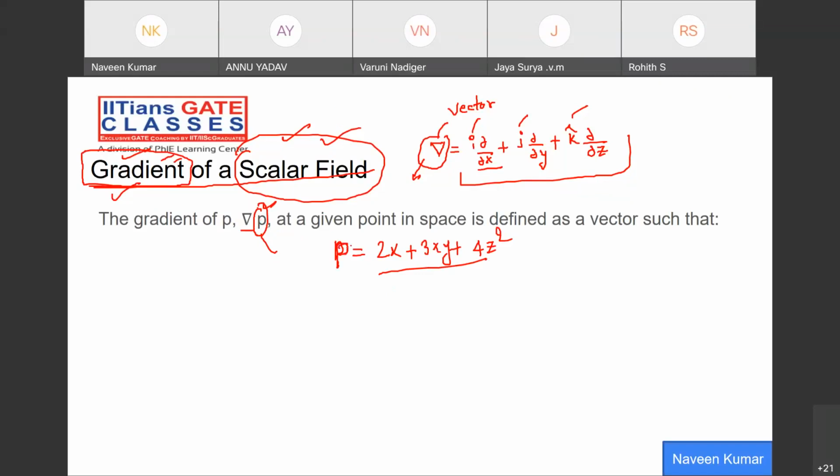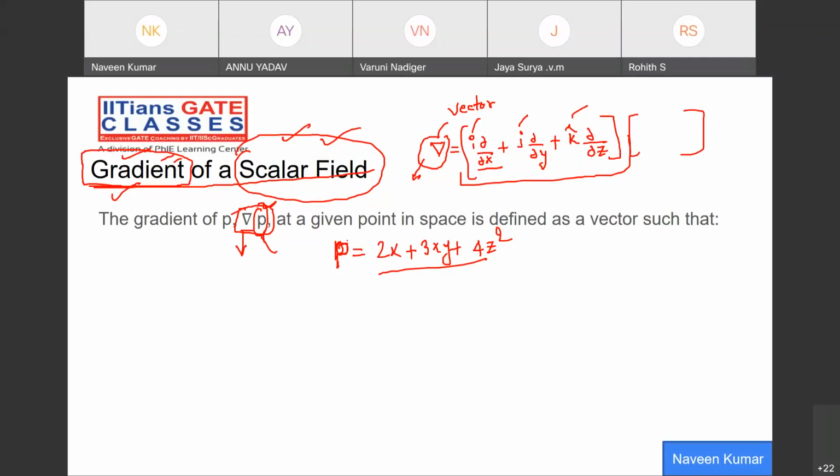This is a scalar field of pressure, I can say. Can you calculate this del P? Del P means gradient of P. Based on this, a question has already come in GATE, or it can come. Can you calculate? Just apply this and you can easily find out.